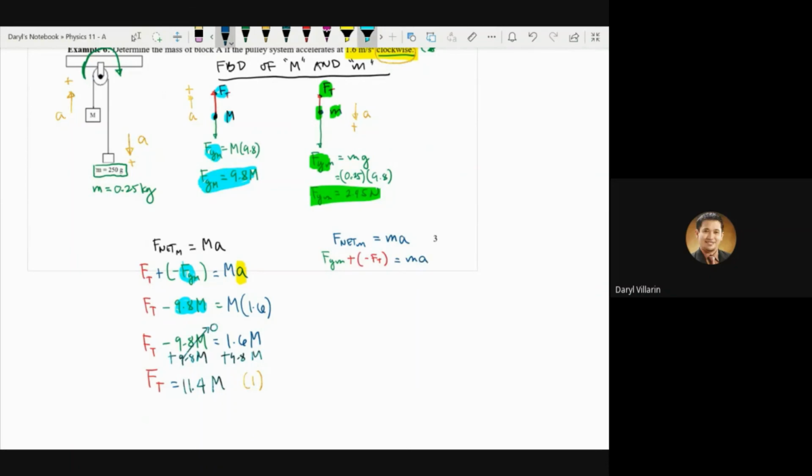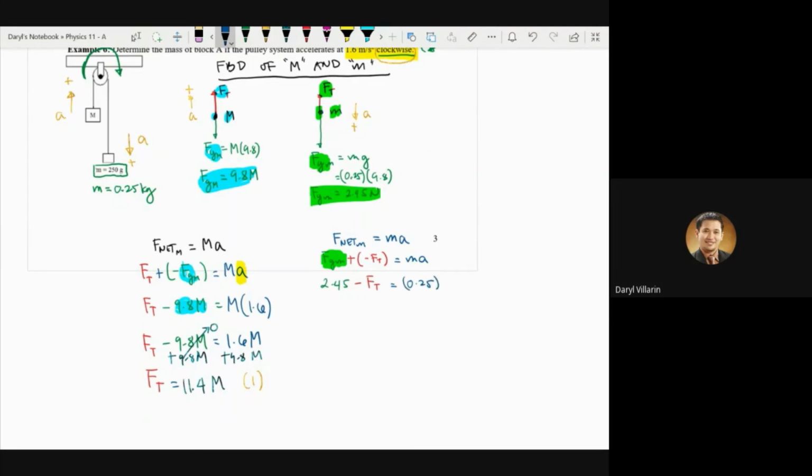So I'm just going to substitute everything that I know. Fgm is known, and that is 2.45. Then minus Ft, and that is equal to the mass, small m, that's 0.25.